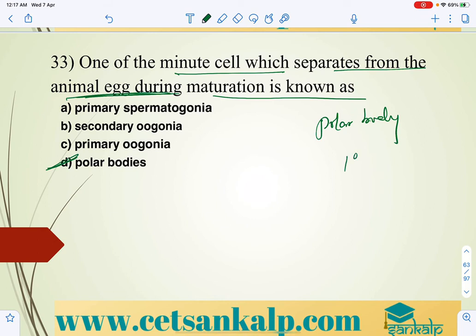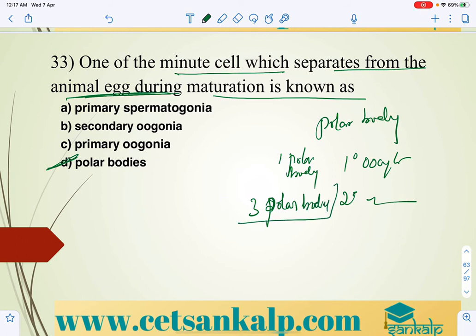During formation of the secondary oocyte, one polar body will be produced, and during formation of the ovum, what is the total? Three polar bodies will be produced. So at the end of oogenesis, there are three polar bodies and one egg.